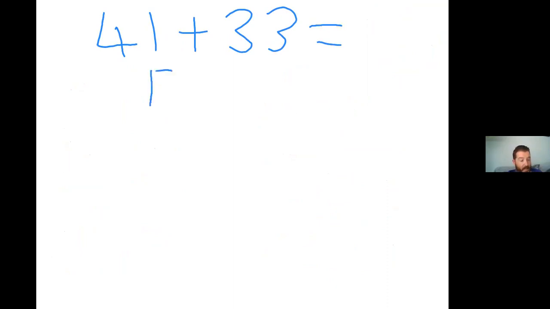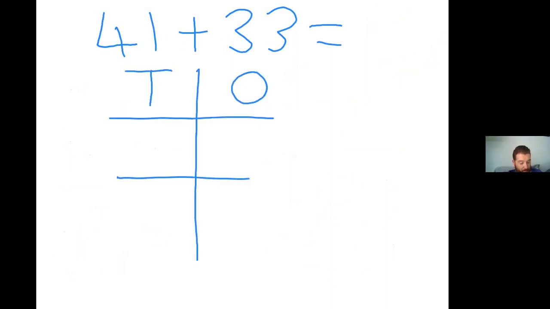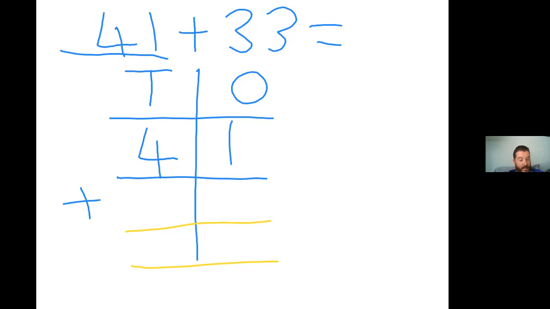So if I do my T and my O, put the add sign so I know that I'm adding. So we've got 41, so that's 41 add 33. Then we've got everything we need.